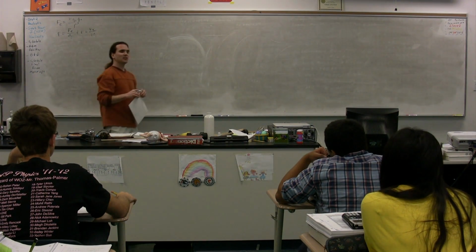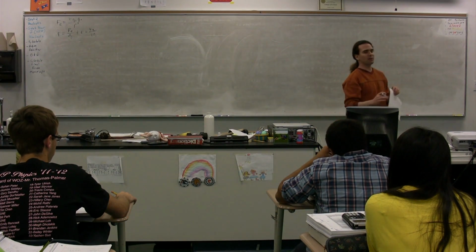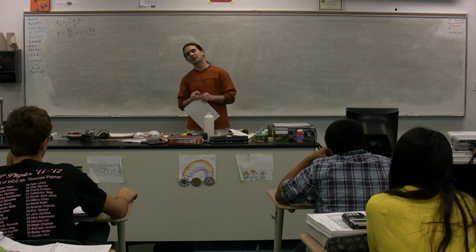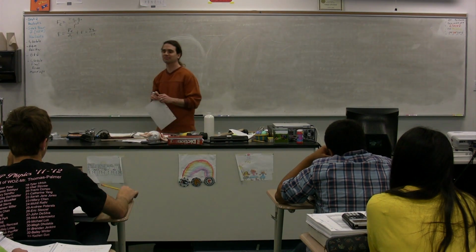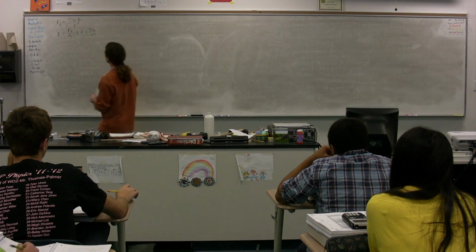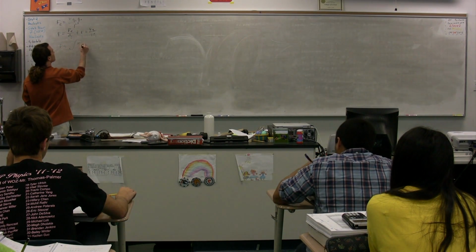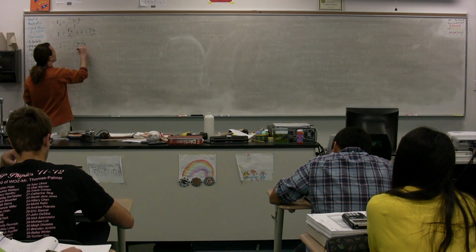This means that we can figure out the electric field that exists around a continuous charge distribution. What equation are we going to use to figure out the electric field around a continuous charge distribution? The integral of K times dq over R squared.